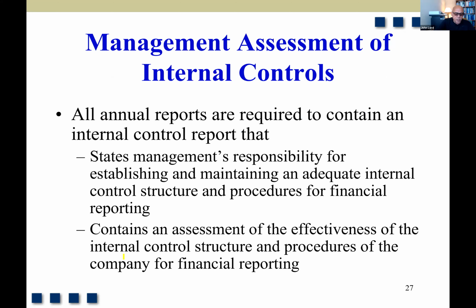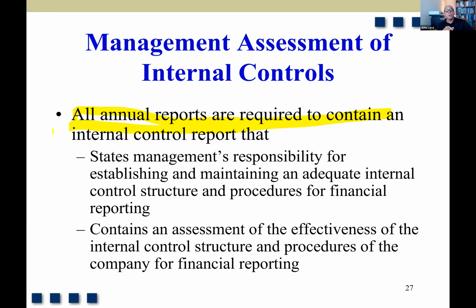So management has to do this annually in their annual report. If you pick up the annual report, the SEC requires, for example, that entities prepare a 10K report. The 10K is the annual report that they file with the Securities Exchange Commission. You should see a report from the management about the internal control.